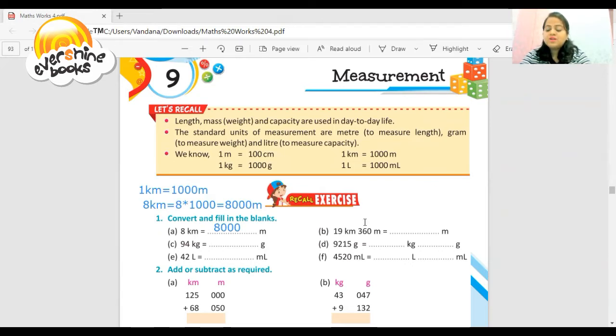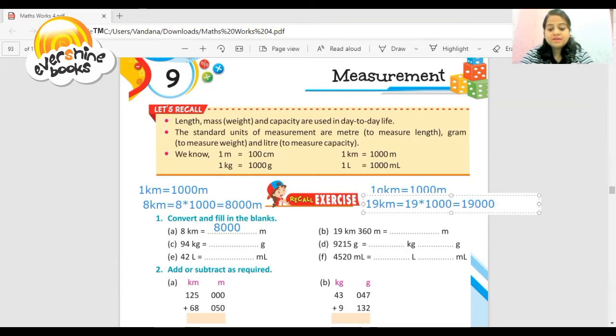First convert kilometer into meter, then add 360 meter. 1 kilometer is equal to 1000 meter, then 19 kilometer is equal to 19 multiplied by 1000. You will get the answer 19,000.